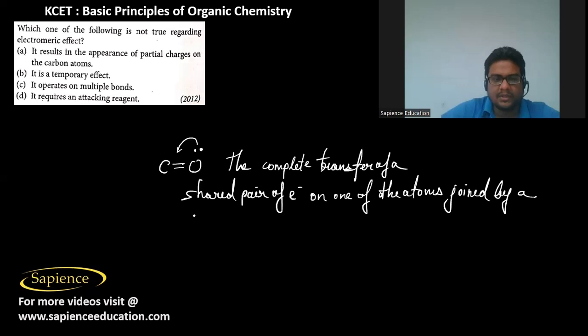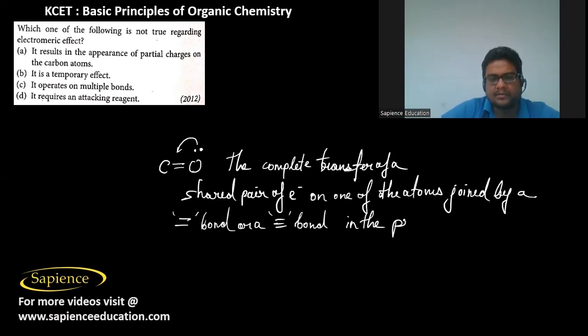It means which is joined by either a double bond or a triple bond, in the presence of an attacking reagent. And this is called the electromeric effect.